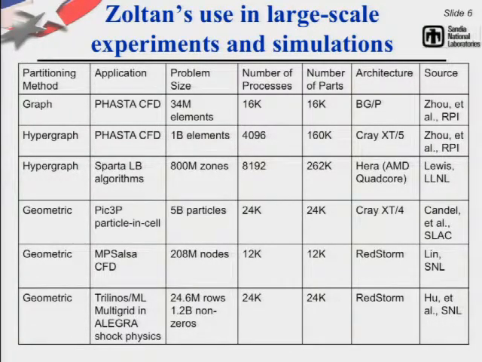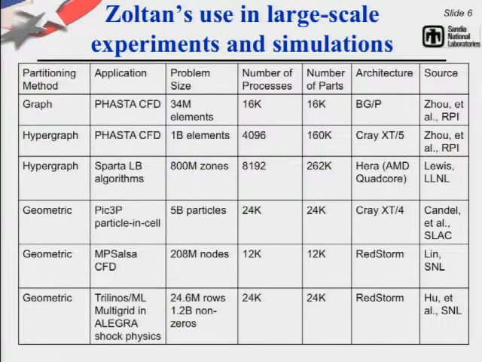Oh, okay. So let me explain what I mean by number of processors and number of parts. In parallel computing, typically you decompose your problem, so each processor gets one part of your problem. These parts correspond to subdomains or parts within a partitioning problem. Typically, the number of processes and number of parts are the same, but actually you have 2 columns in this table because in Zoltan you could decouple them.